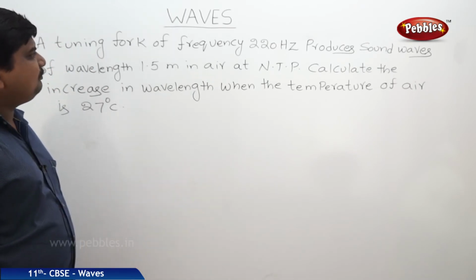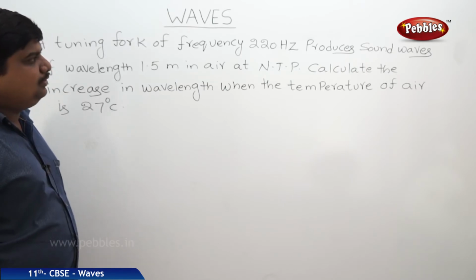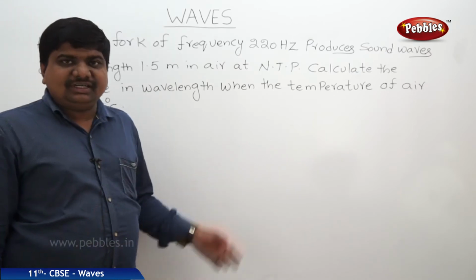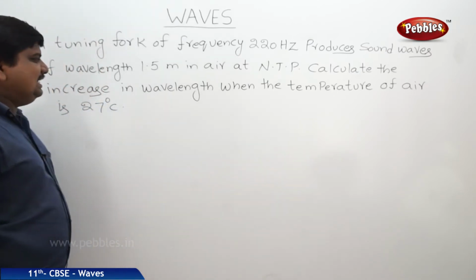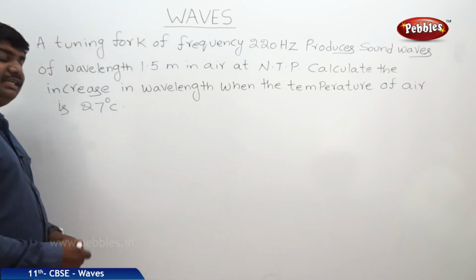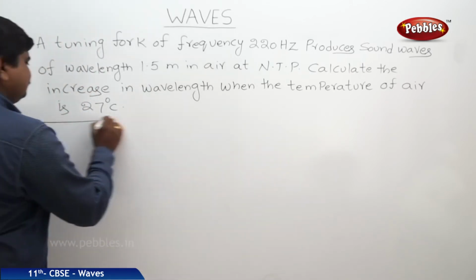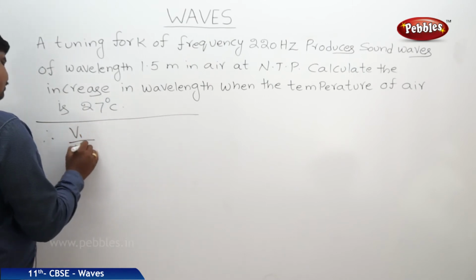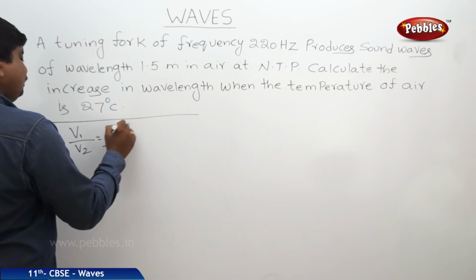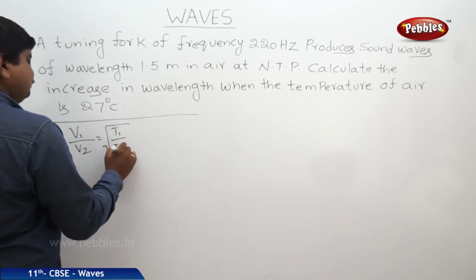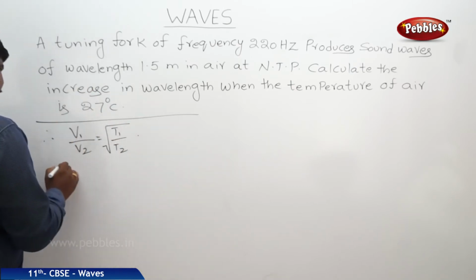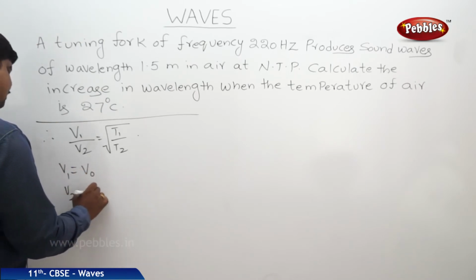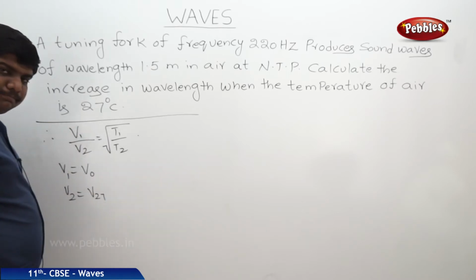A tuning fork of frequency 220 Hz produces sound waves of wavelength 1.5 meters in air at NTP, normal temperature and pressure. Calculate the increase in wavelength when the temperature of air is 27 degrees Celsius. We know that V1 by V2 is equal to square root of T1 by T2. Here V1 is v at 0 degrees, V2 is v at 27 degrees.